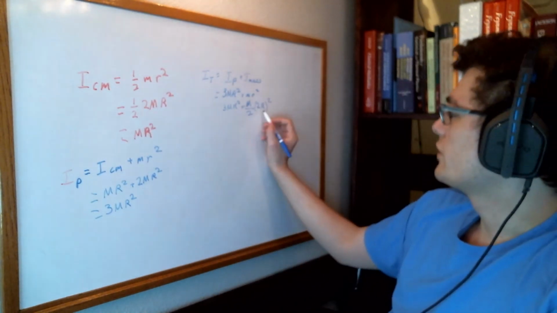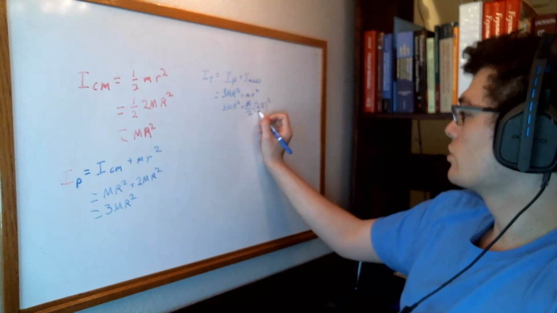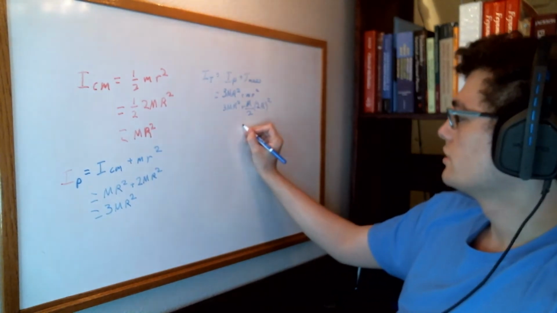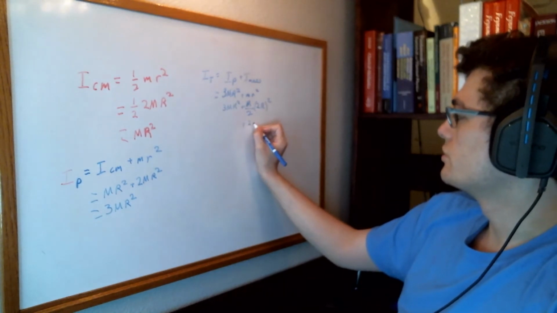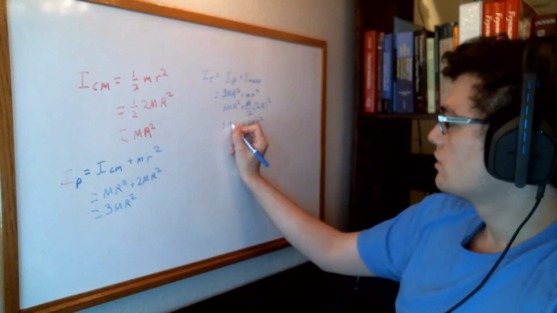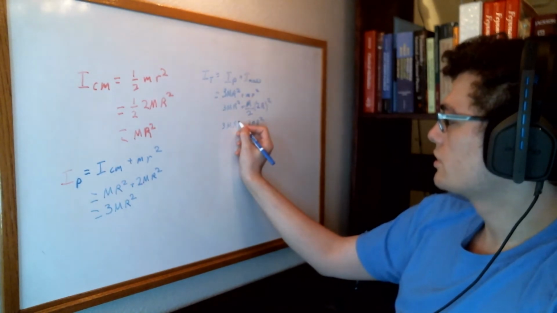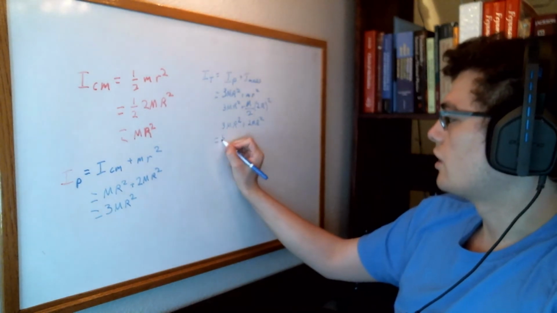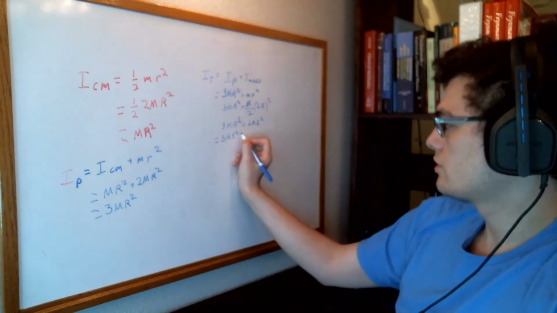So then we're going to have to square this term, and this is going to yield us a 4 and an r squared. And so then the 4 is going to cancel with the 2 here. So we're just going to have another 2m r squared plus 3m r squared, and that's going to yield us 5mr squared.